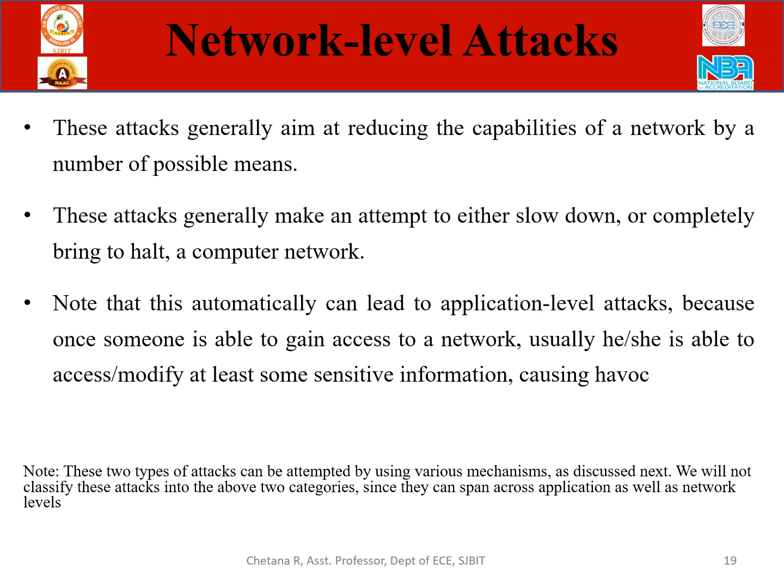At the network level, these attacks generally aim at reducing the capabilities of a network by a number of possible means. So the network is being disturbed. You restrict the network, you avoid the transaction occurring from one network to another, you reroute the destination. These are all examples of network attacks.